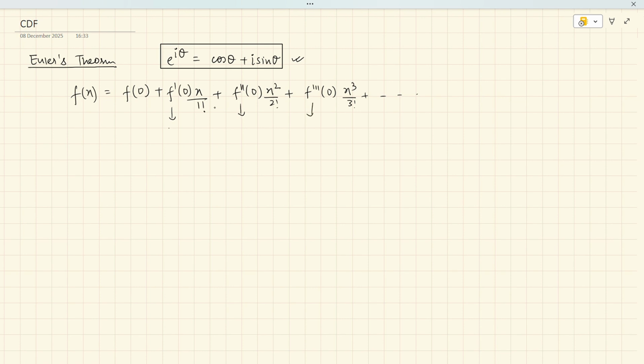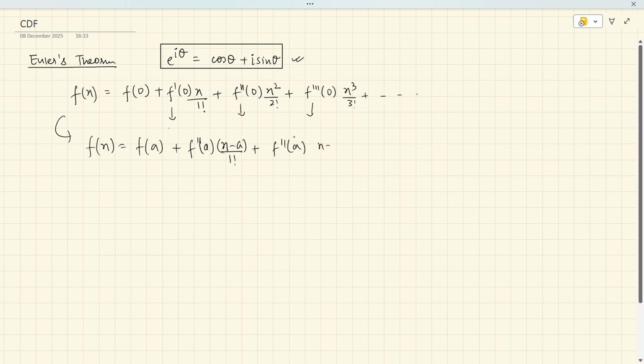And how does this come into the picture? In order to understand this you have to go through another function, f of x is equal to f of a plus f dash a times x minus a divided by 1 factorial plus f double dash a times x minus a whole square divided by 2 factorial and so on.